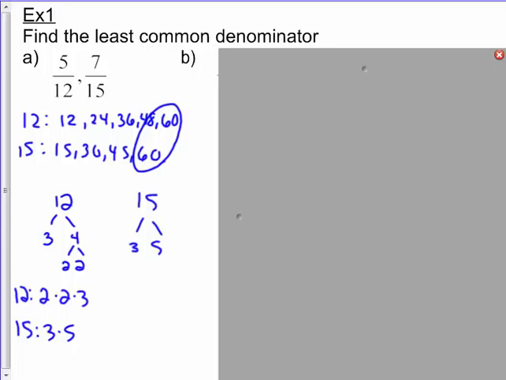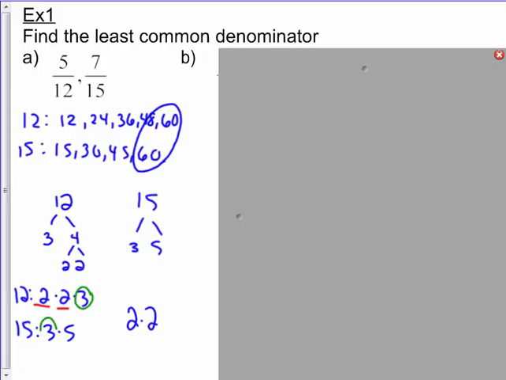So if I'm looking at 12 here, I know I have 2, 2, and 3. So I know those are going to be in it, at least. So I have the 2 and the 2 there. I also have a 3, so I know there's a 3 that's going to be in it here.